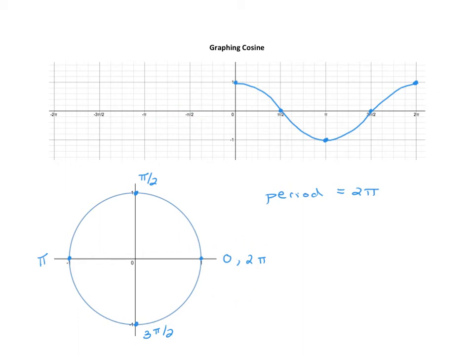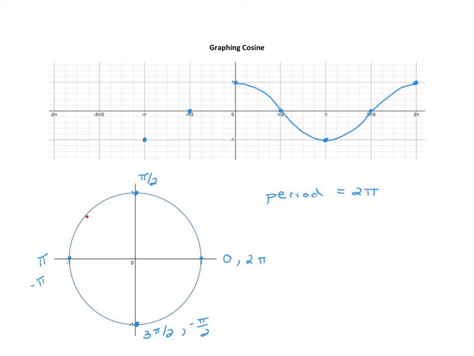To see that on this unit circle, if you want to get to negative pi over 2, you would rotate in this direction. So 3 pi over 2 and negative pi over 2 are in the same spot. And the x value here again was 0, so cosine of negative pi over 2 is 0. Going back here, this would be negative pi, and the x value is negative 1.